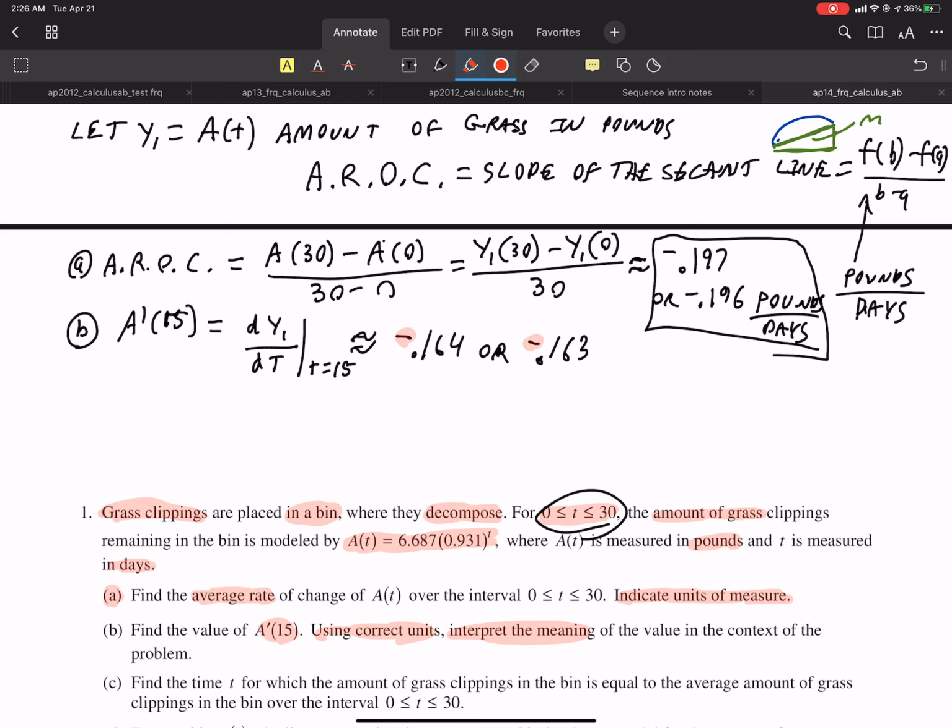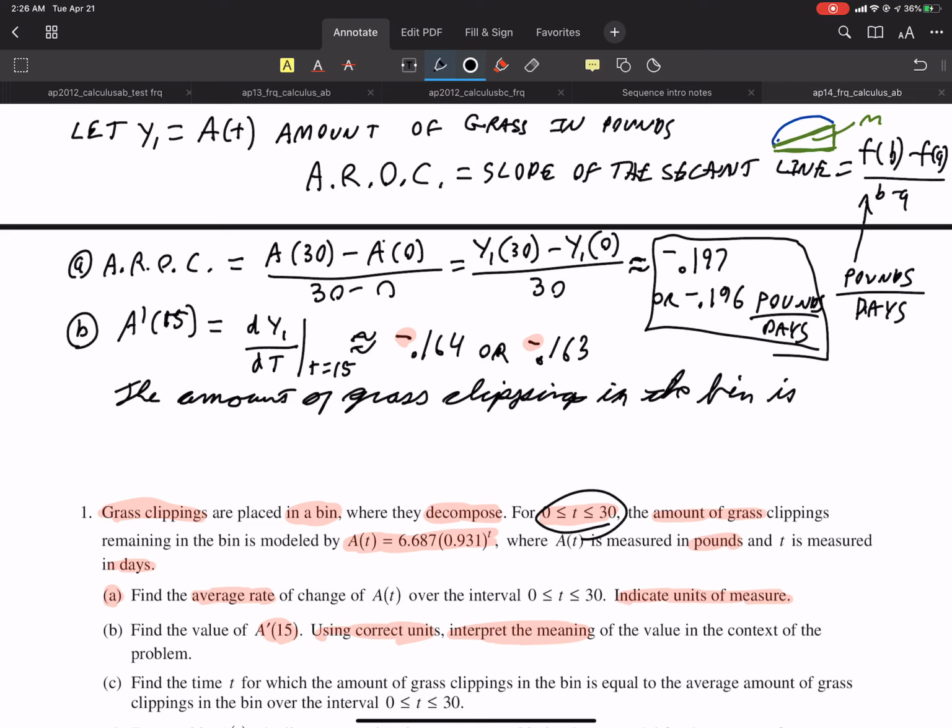That means A is decreasing. Well, what is A? A is the amount of grass clippings in the bin. So if A prime is negative, we can say the amount of grass clippings in the bin is decreasing.